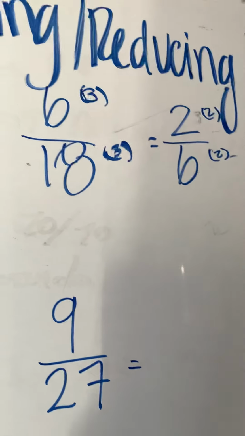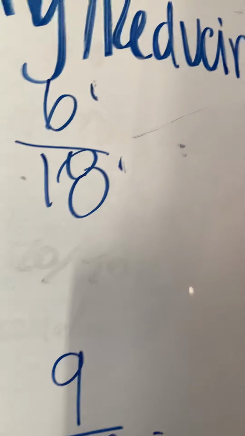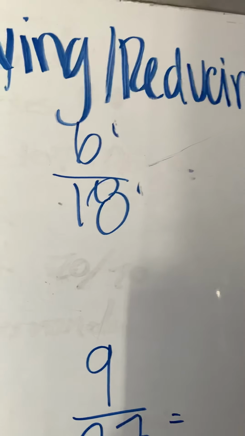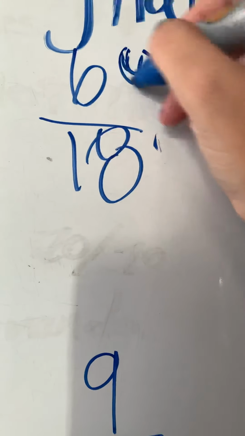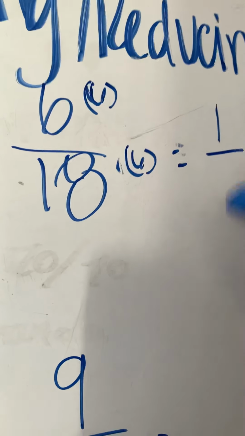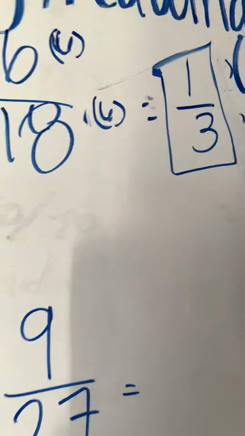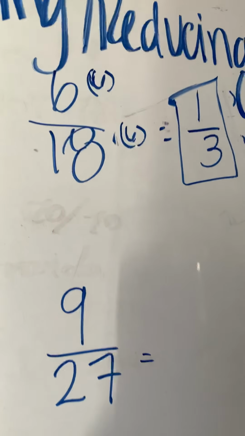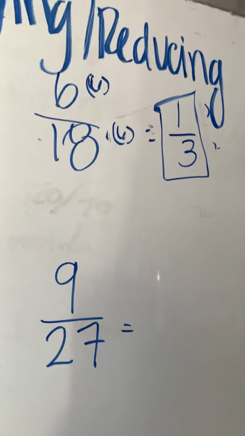Now, wait a minute again, you think, oh, but 6 can go into 6 and 6 can go into 18. 6 goes into 6 1 time. 6 goes into 18 3 times. We get 1/3. Now those were 3 different ways to get to 1/3. 1/3 is the simplest form.